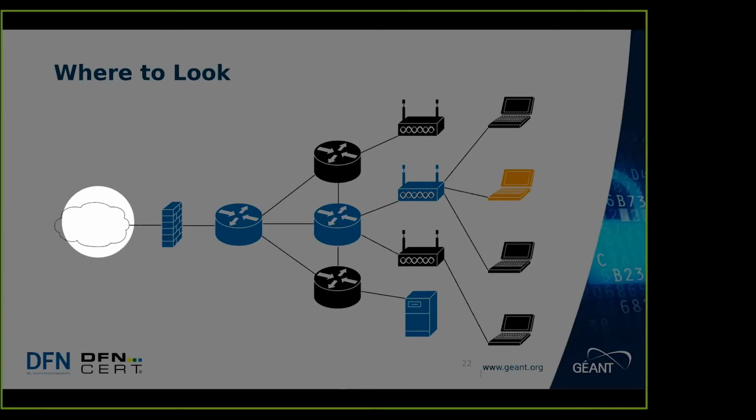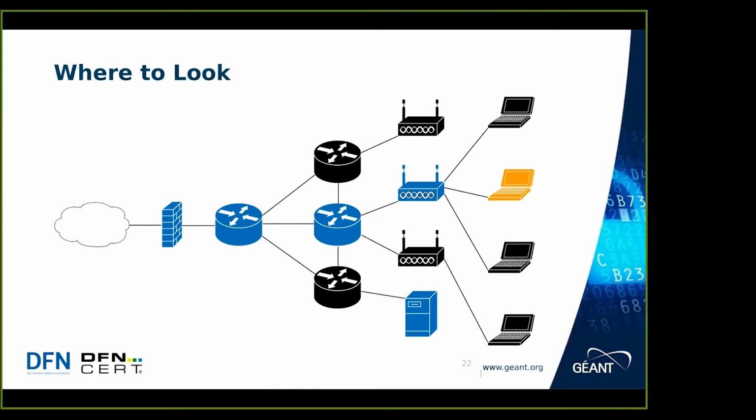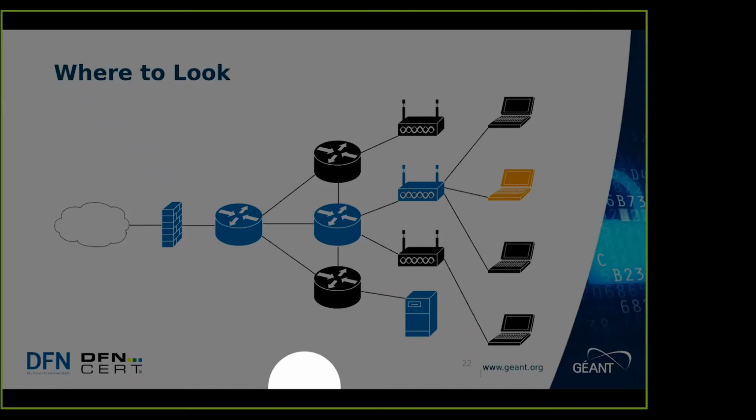So there's a number of places here that you can look and try to collect network-based evidence. Obviously, if you know that you are interested in this machine, then you can try to collect data on this machine, if that's at all technically possible.